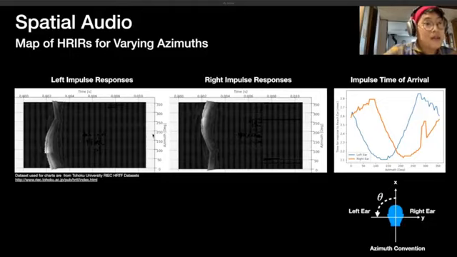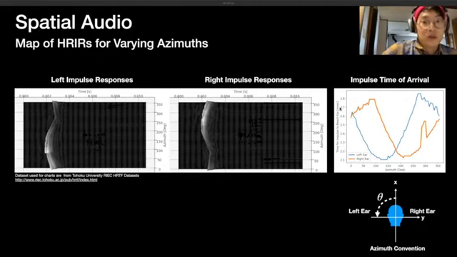And moving the speaker further towards the right ear, we find that the opposite has happened. The level at the left ear is now at its minimum, and the level at the right ear is at its maximum. And moving the speaker back to the front, we see that the times of arrival are roughly the same, and the levels are also roughly the same.